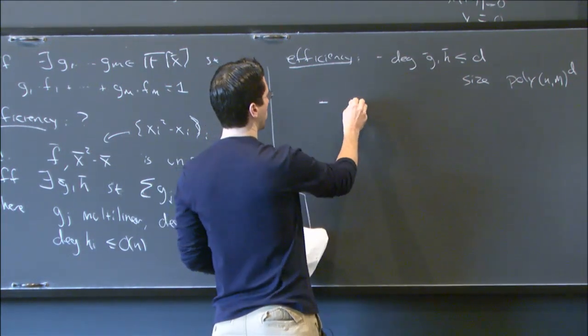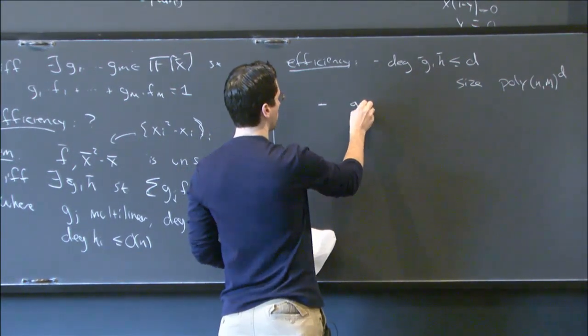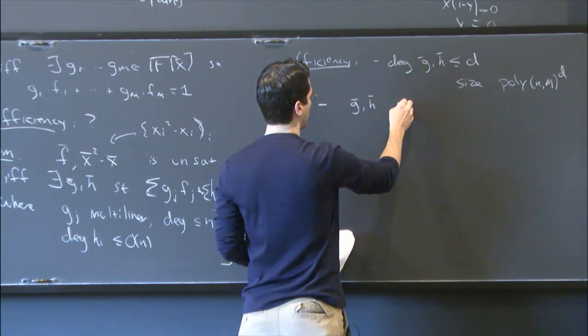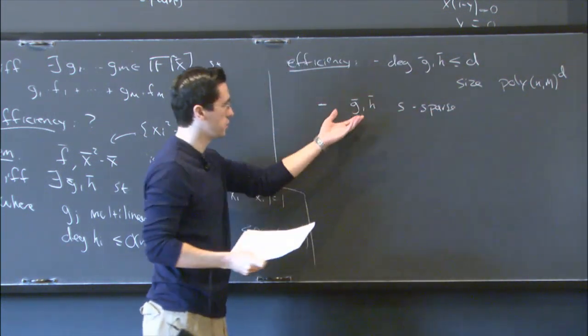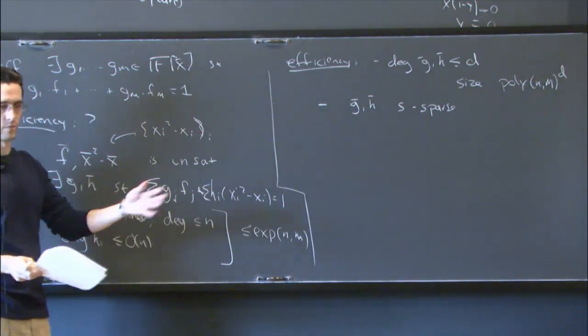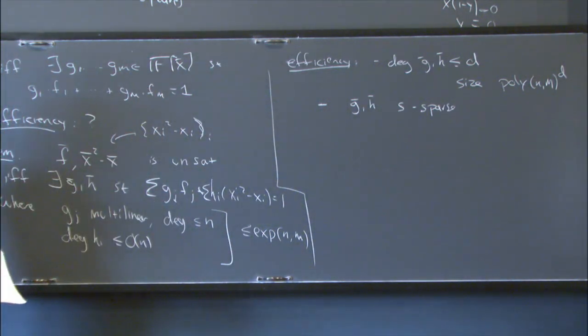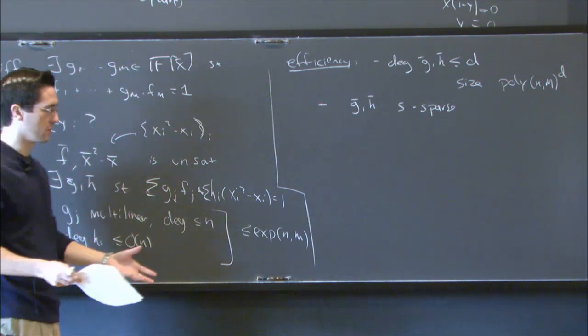Another measure of complexity is when G and H are, say, s-sparse. So what does that mean? That G and H are tuples of polynomials, and suppose that each polynomial is a sum of at most s monomials. That is some notion of simplicity.